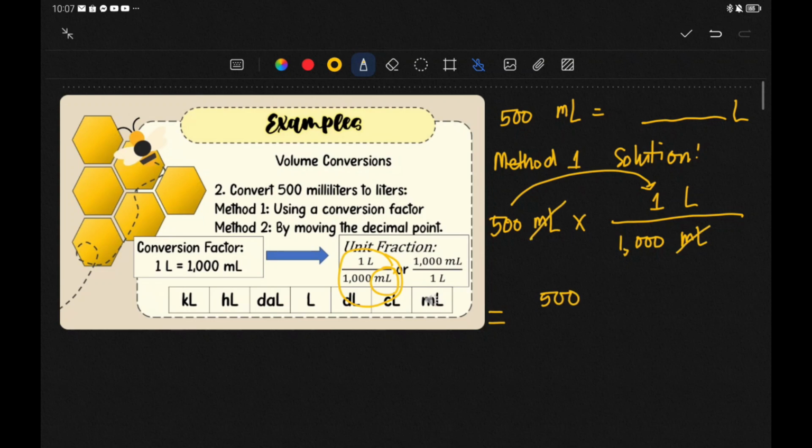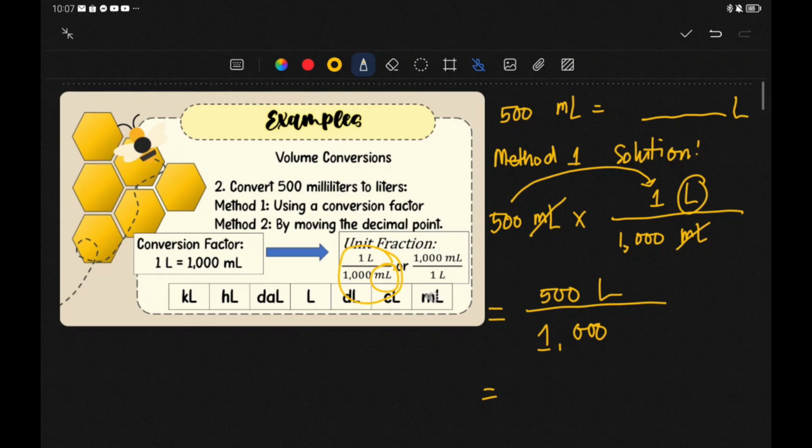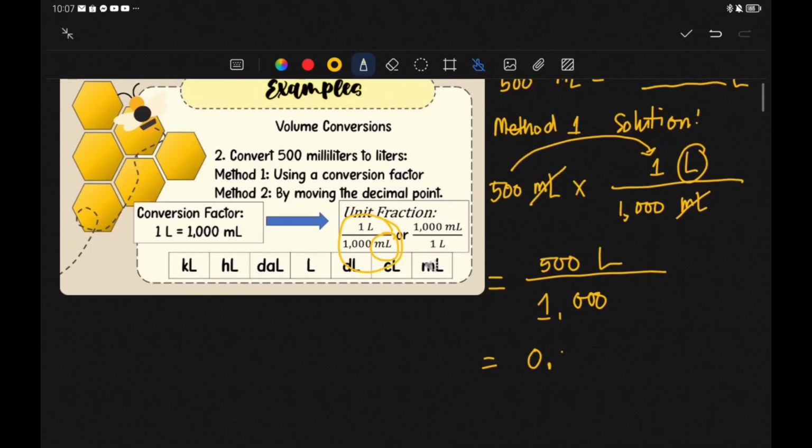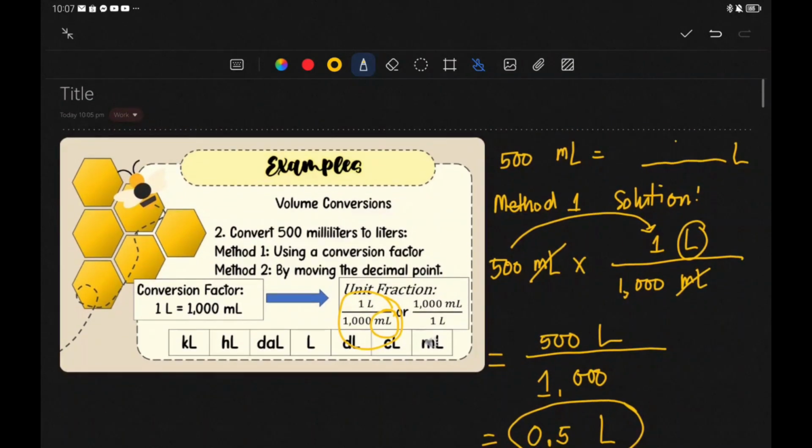Cancel out milliliters, liter remains, over 1,000. So if you divide 500 by 1,000, that is exactly 0.5 liter. So our answer here should be 0.5.